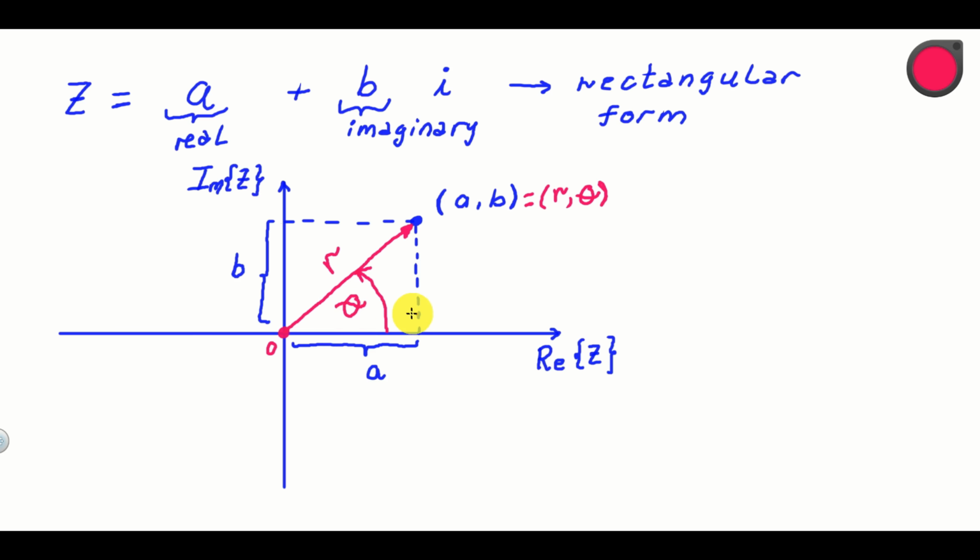Well, since this angle is 90 degrees, as well as this angle over here, we can see that a is r cosine theta. And we can see that b is r sine theta.